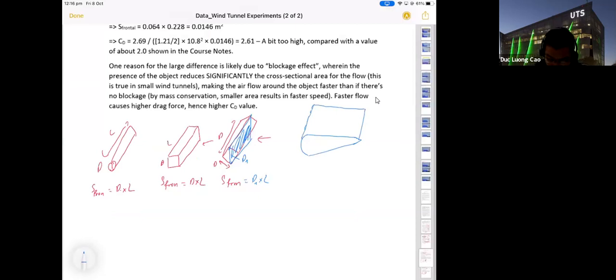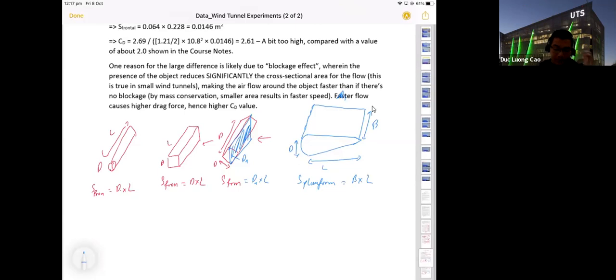This one is D. This one is L. This one is B. So you see from the top view. So S planform will be equal to B times L, not D times L. It's B times L because it's the planform area. Planform area is when you see from the top view. Frontal area is when you see from the side view.